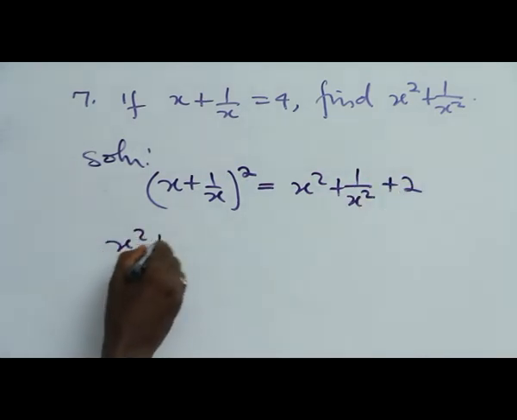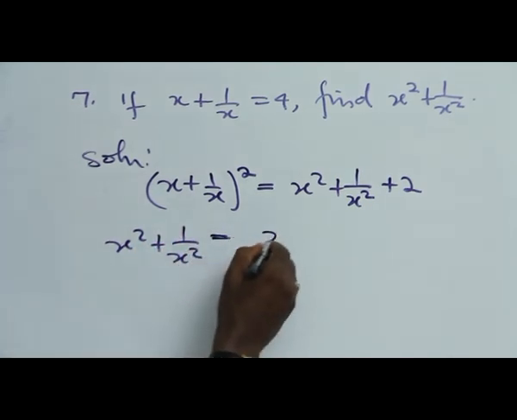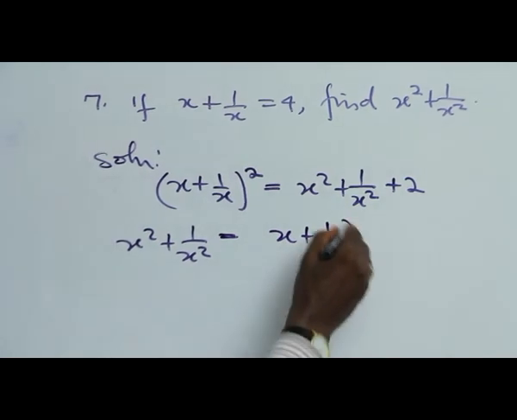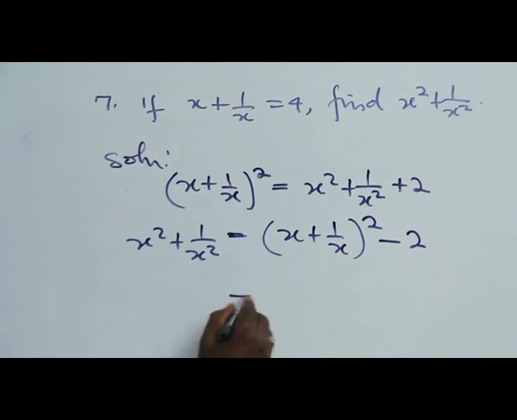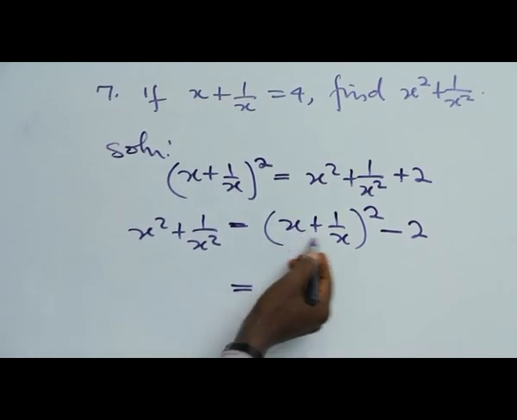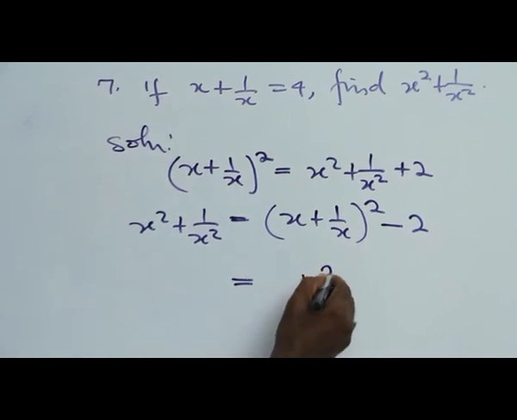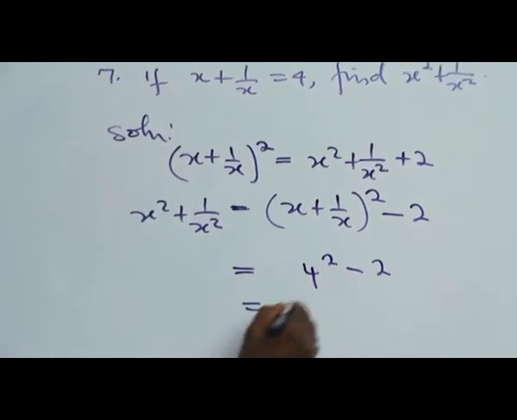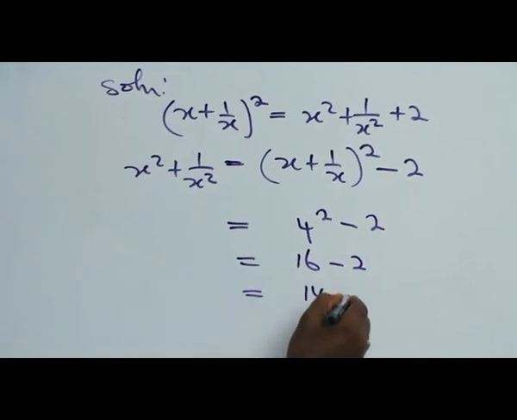Making s squared plus 1 all over s squared the subject of the formula, we give you (s plus 1 over s) all squared minus 2. The result of this is 4 squared, because s plus 1 over s is 4. So 4 squared minus 2, and that means 16 minus 2, and then the final answer is 14.